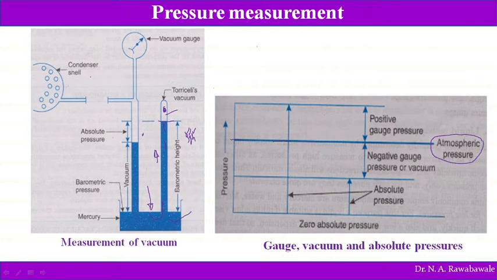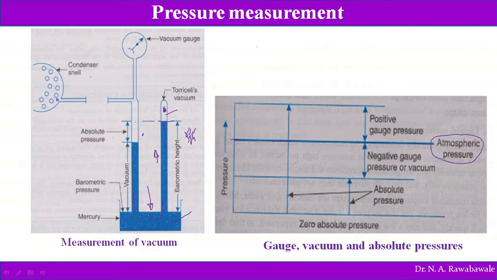Now let us consider another example. A similar tube is present here, and this tube is connected to the condenser. The condenser also has vacuum, but this vacuum is not a perfect vacuum, because of which the atmospheric air pushes the mercury to rise in this tube to a certain level, not up to the level in the barometric tube.